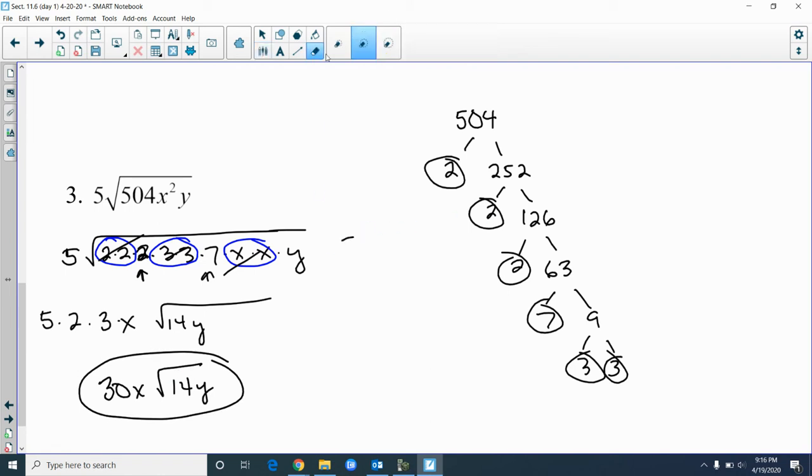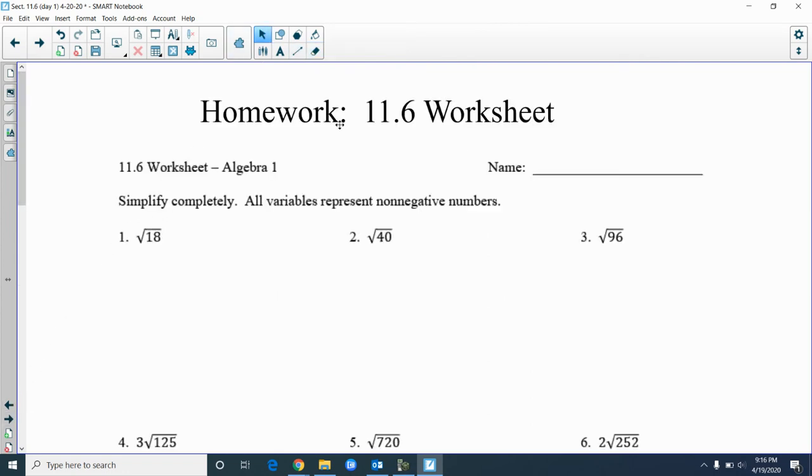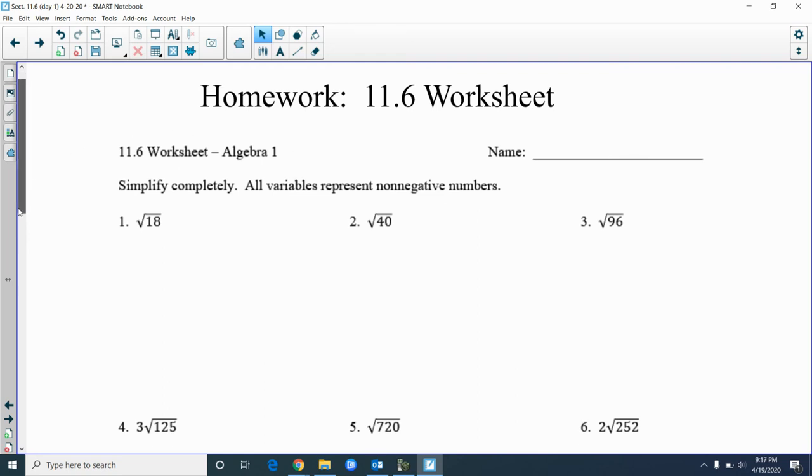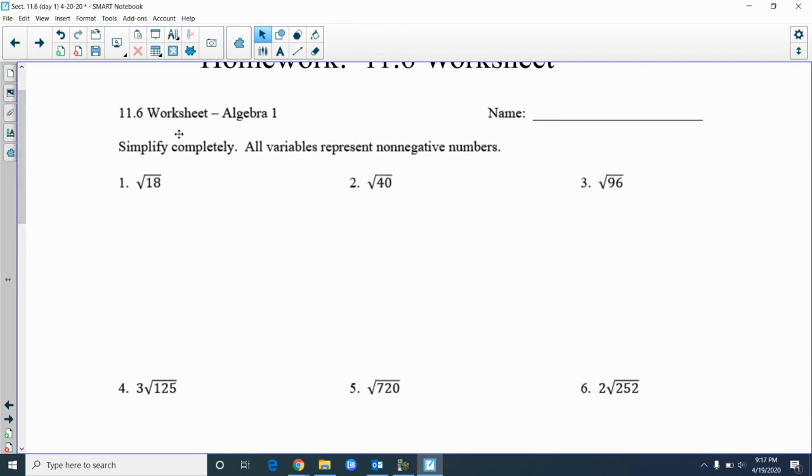All right, we're actually going to do section 11.6 in 2 parts. This is the end of the first part. Your homework will be this worksheet. You can do it on a separate sheet or you can print this out. It does not matter. Simplify completely. So basically you're going to do the factor tree. So let me just kind of go through the square root of 40 here.